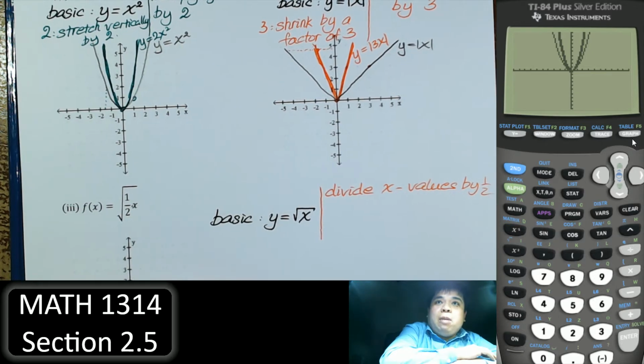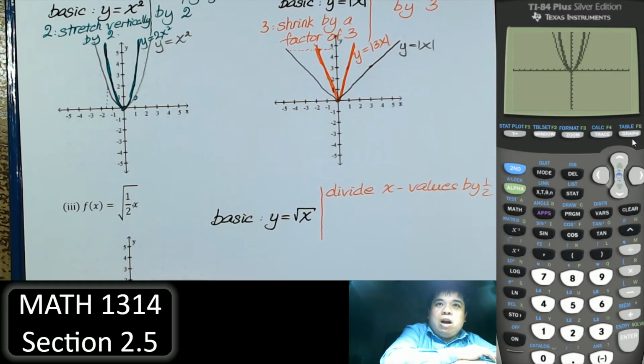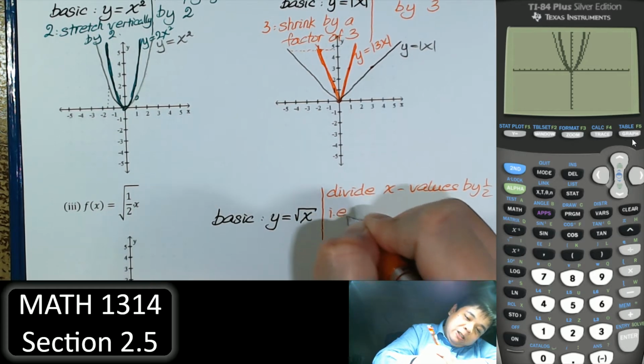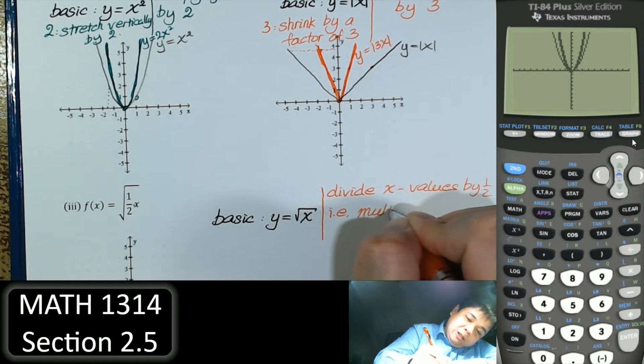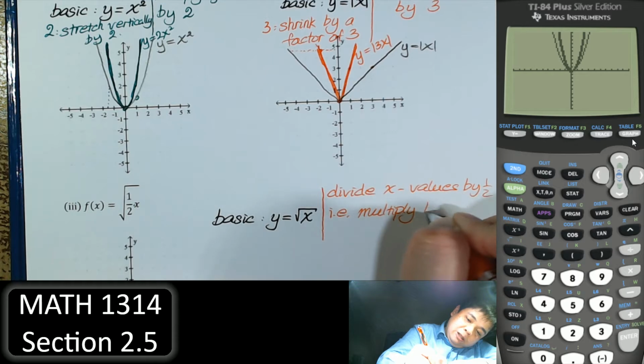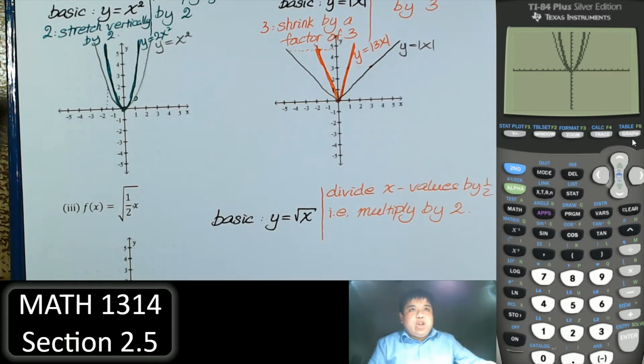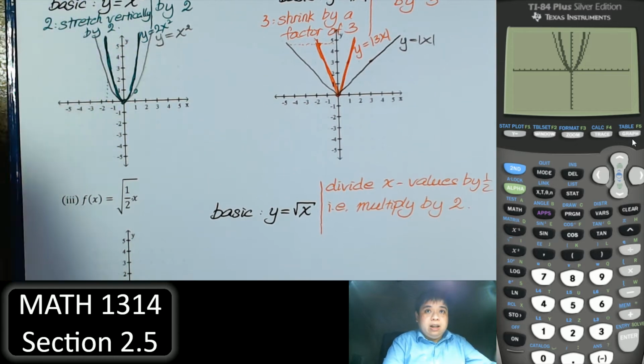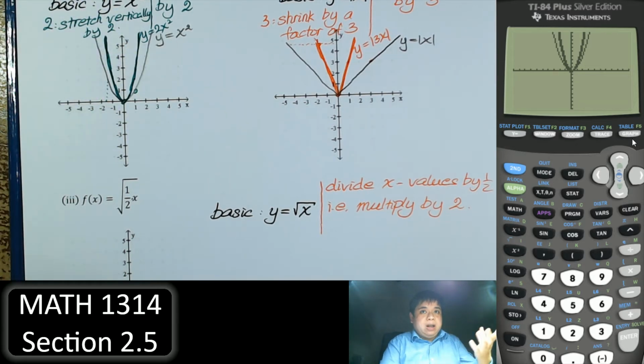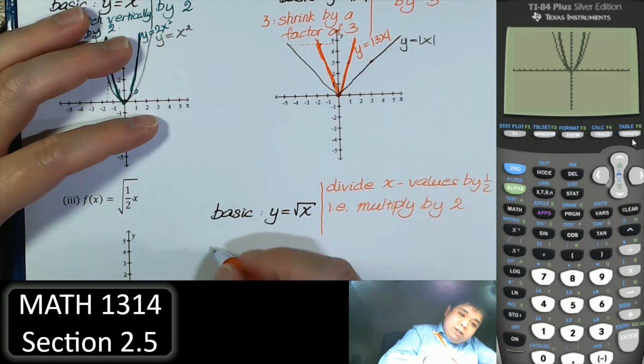However, dividing by 1/2 is like multiplying by 2. Now, if we multiply a positive number by 2, we're going to make it bigger. Think about this only when we think about the positive number. We'll talk about shrinking and stretching. Multiply by 2, so we get bigger, therefore stretch.